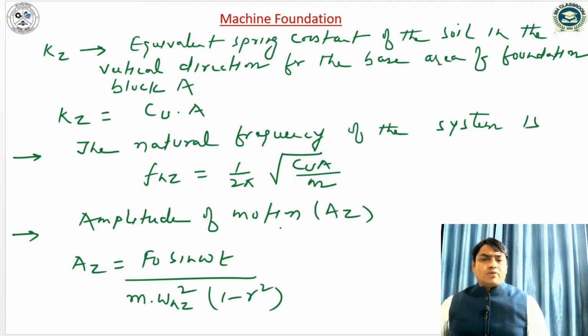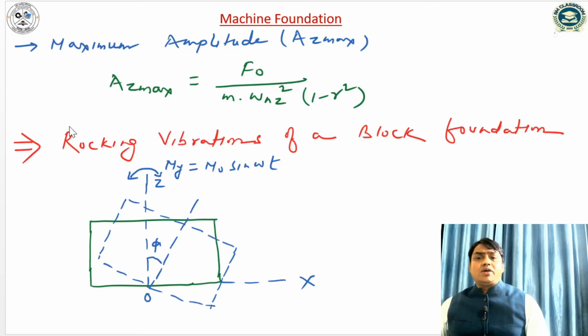And the amplitude of the motion can also be written as F naught sine omega t divided by m omega nz square into 1 minus r square, where r is the frequency ratio omega by omega nz. And for the maximum amplitude, this sine omega t value should be maximum, so Az max is equal to F naught divided by m omega nz square into 1 minus r square.